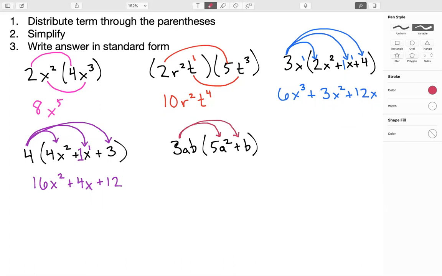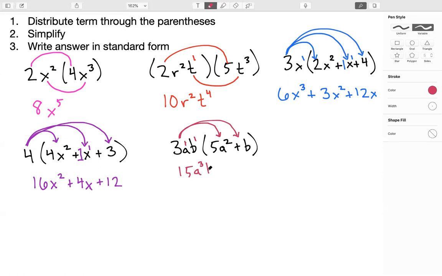Okay. After I draw my arrows, 3 times 5 is 15. A, that's a 1, and this is also a 1 over here, right? A to the first times a to the second, we add the exponents. 1 plus 2 is 3, a to the third.